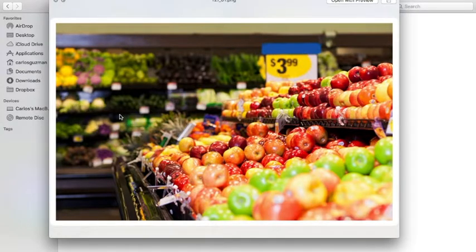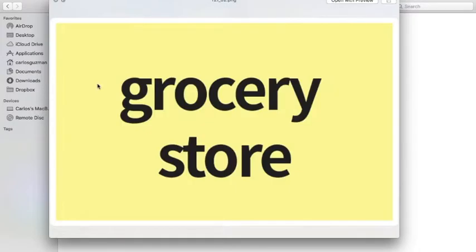Either way, what is this place called where you buy fruits and vegetables? So what is this place called in town? This is called grocery store. A grocery store is where you go and buy your food.